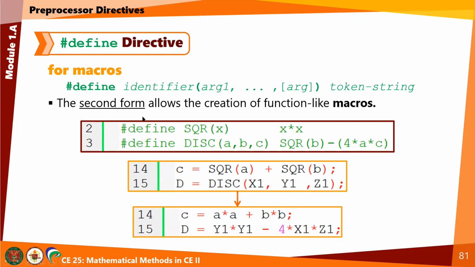Now macros. The second form allows the creation of a function like macros. So here, in this slide, I defined the SQR x, okay, as x times x. So the square, so I'm defining the square of x here, is x times x. Also, you're defining the disk ABC to be square of b minus 4ac.